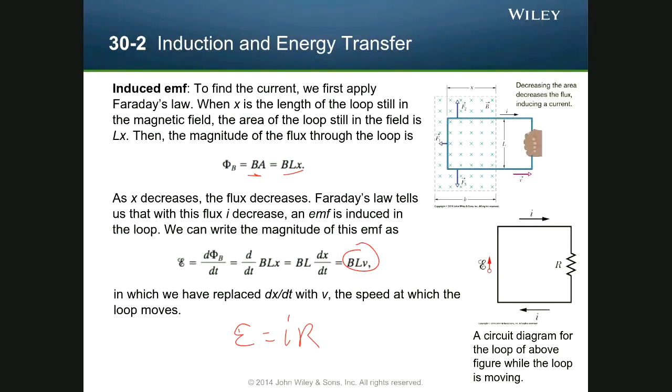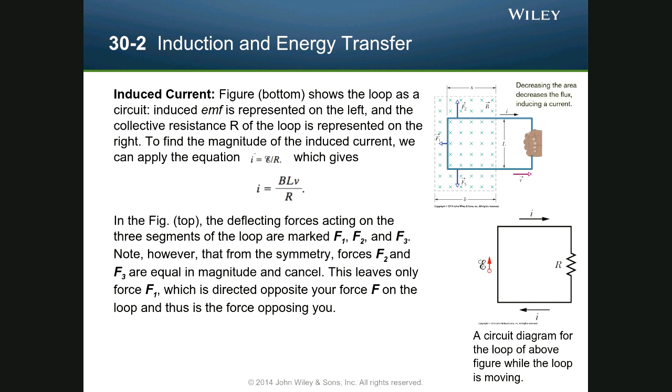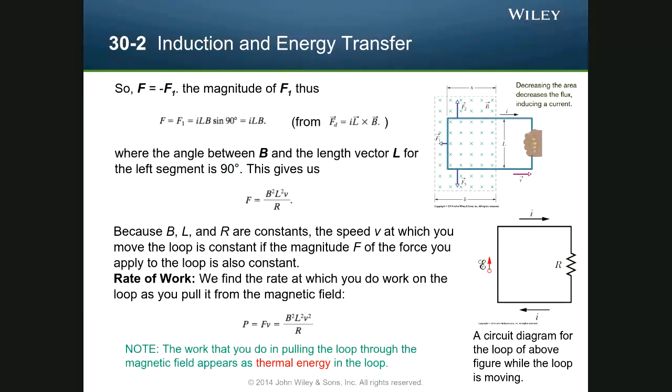And we can use Ohm's law to get an expression for the current. And then, like I said, once we have the current, we can get the force. And then once you have the force, you can figure out the power. You'll notice that the power is in terms of the resistance of the loop, the speed at which you're pulling, the length, and the magnetic field. Okay? And that will give you your power dissipated.